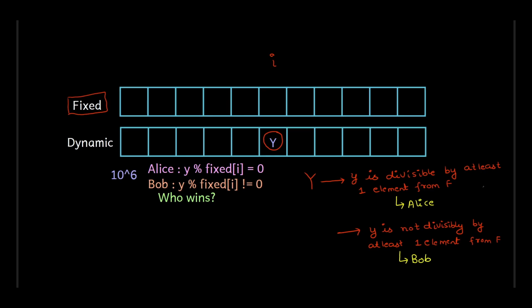So since this "at least" keyword is appearing, there might be scenarios where for a fixed y, Alice as well as Bob will be able to delete it.